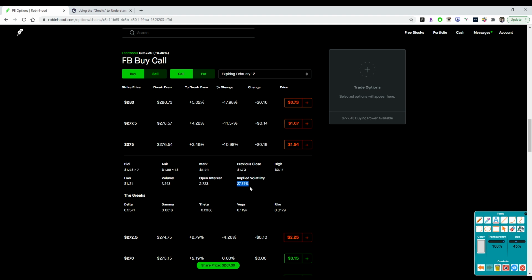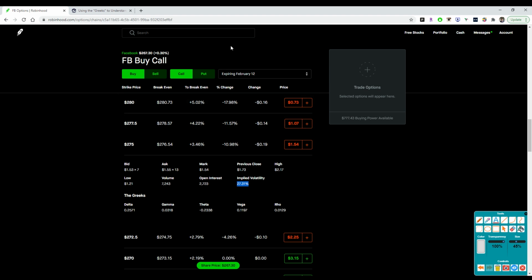Usually during a catalyst event week or earnings week, you'll see implied volatility jump, right? Because there's a larger expected move. Implied volatility doesn't say it's necessarily going to go up, but it's the priced in move via contracts.